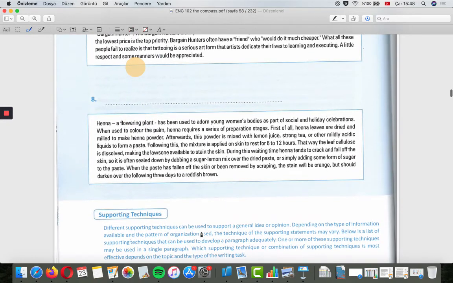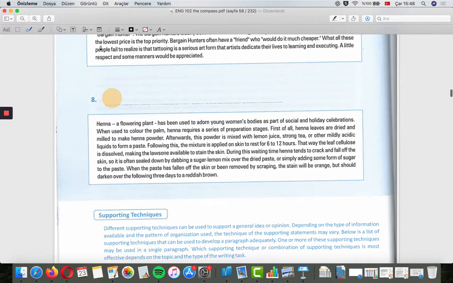And the only one left is process analysis. Let me just write the answer here and then we will look at why it's process analysis. Okay, when you look at this, it talks about henna, kına as we know, and then it gives us the process of preparing henna, and then how it is done.